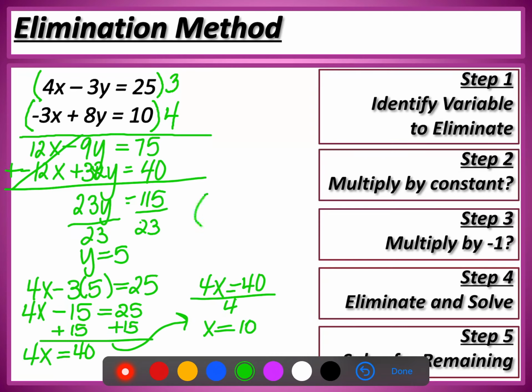Okay, so I get x equals 10, so my final answer, that ordered pair.